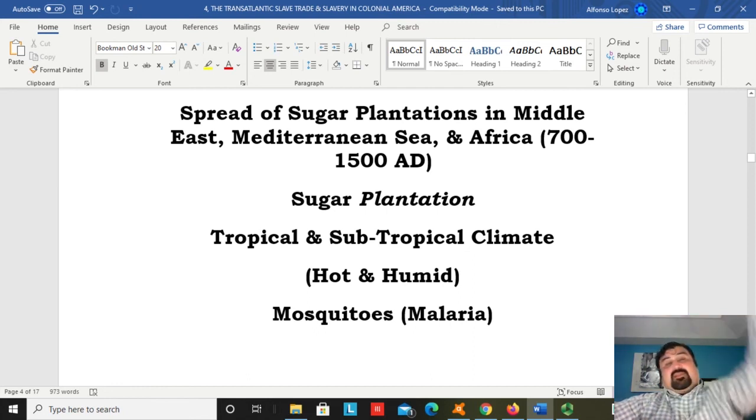So we're going to see the emergence of plantations in which people are trying to grow certain exotic plants like sugar for export, for markets in different regions of the world, because there's a growing market for that.